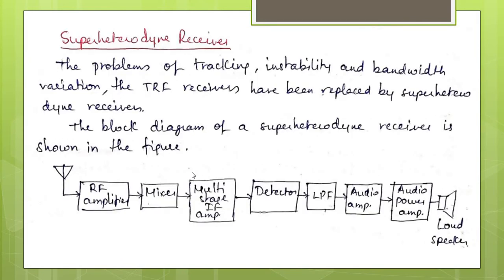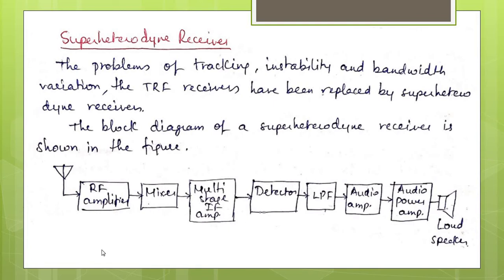So this is the block diagram of a super heterodyne receiver. If you remember the previous session, in the tuned radio frequency receiver, there were many disadvantages such as the problems of tracking, instability, variation in the bandwidth. Because of so many drawbacks in the tuned radio frequency receiver, that was replaced by the super heterodyne receiver.